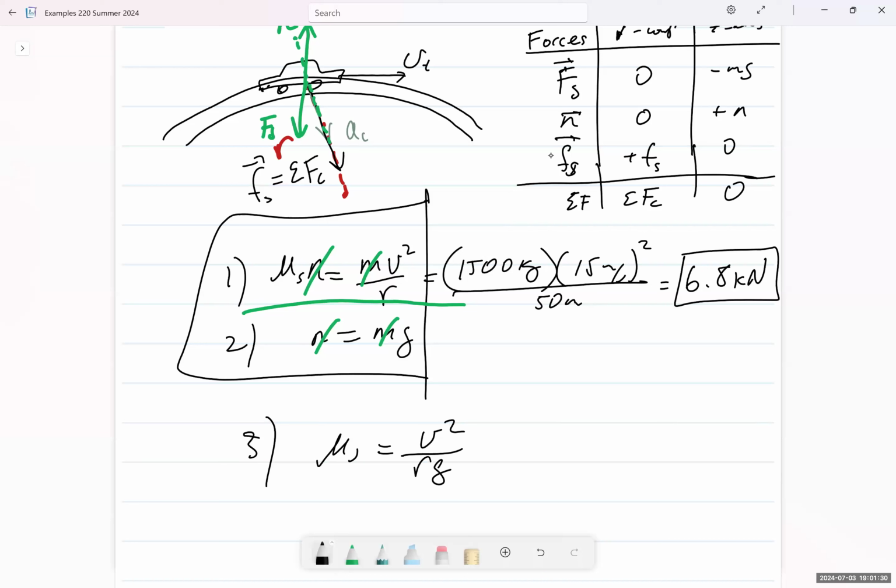Here I can solve for the coefficient, or I can rearrange and solve for the speed or the radius. Any of those can be solved by setting up equation 1 and equation 2, then dividing them to get expression 3, and then solving for any of the unknowns.